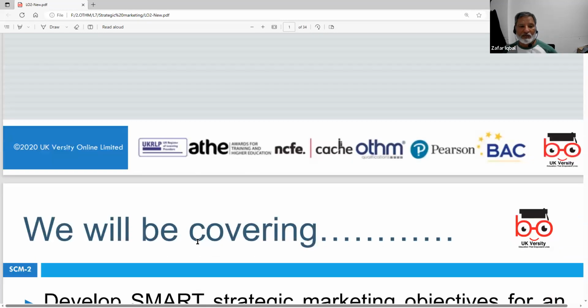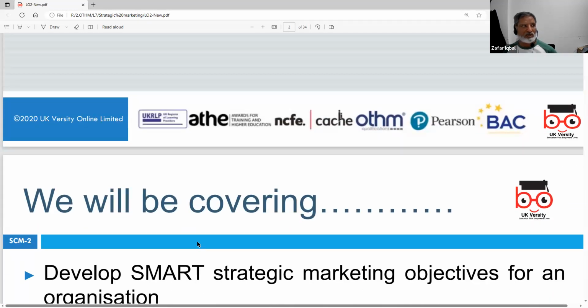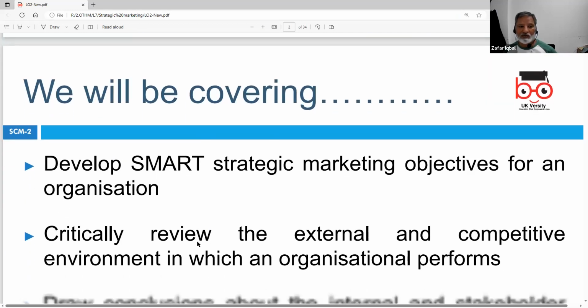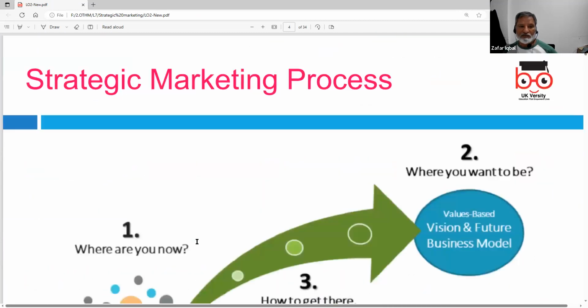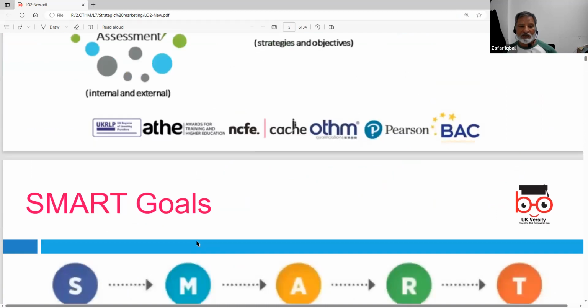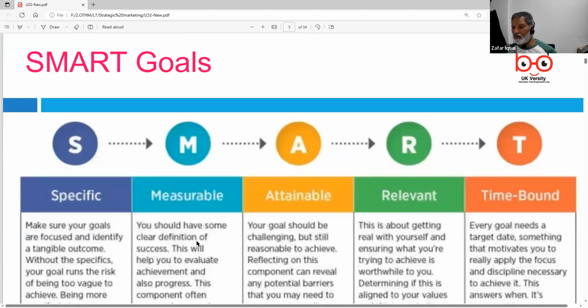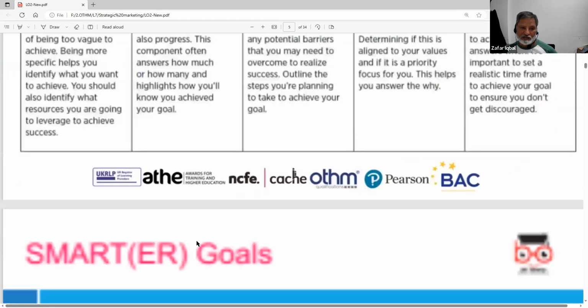So let's reiterate and summarize. We used the SMART objectives for the organization. We looked at where we are now, where we want to go, and how we get there in the first instance.